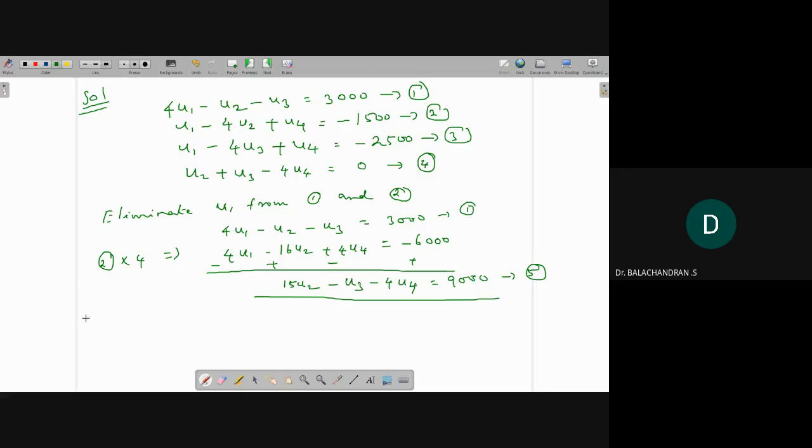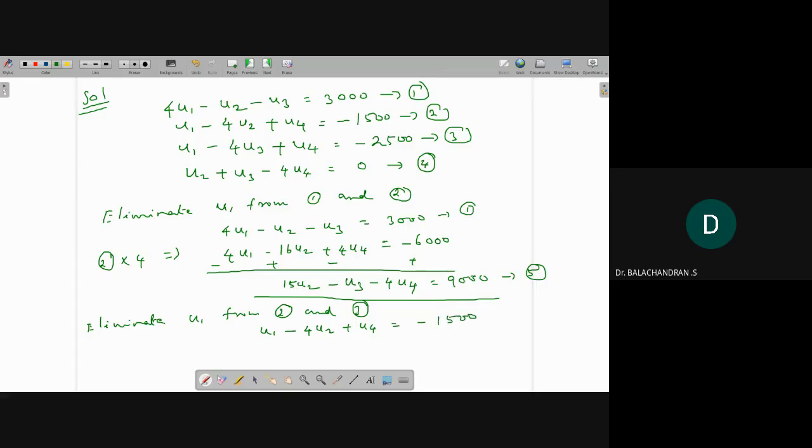Now again eliminate u1 from 2 and 3. So you write 2. 2 is u1 minus 4u2 plus u4 equal to minus 1500.